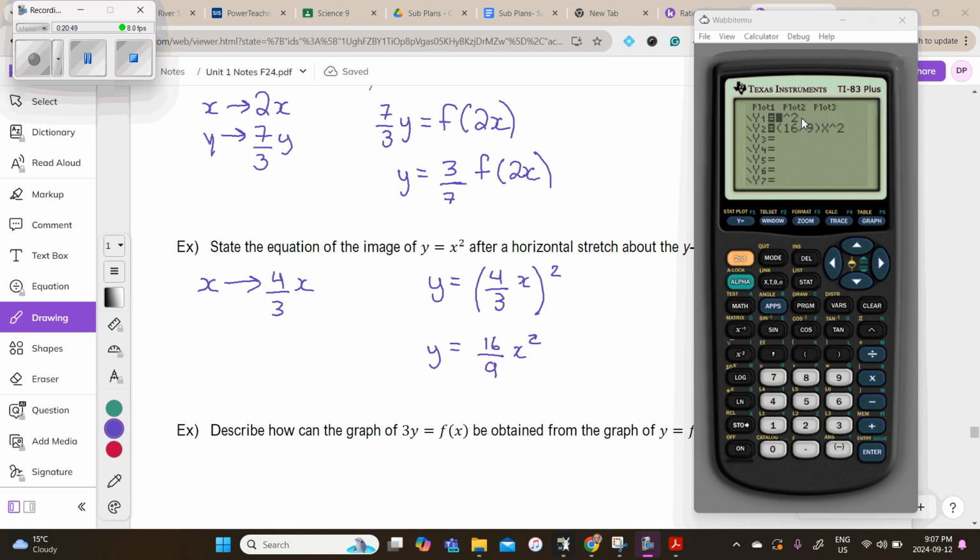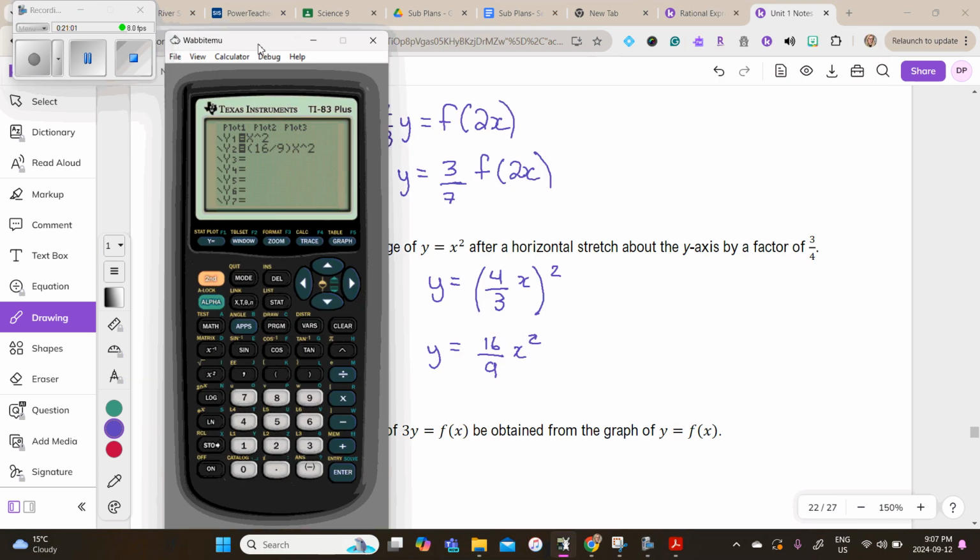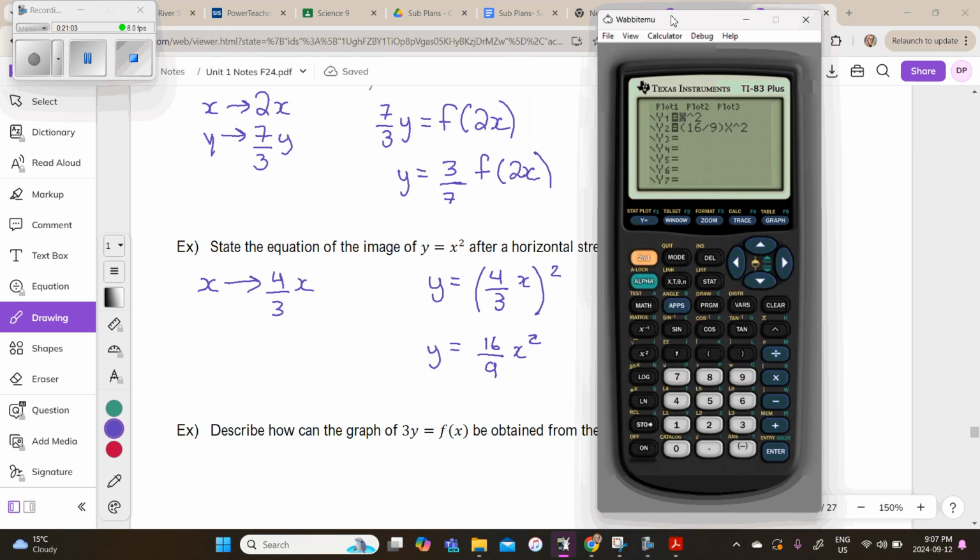Okay, I'm going to graph it now. I have typed x squared into y1, and I typed my new equation into y2. Now I will check to make sure that it actually is indeed a horizontal stretch by a factor of 3 over 4. So I'm just going to zoom standard. So there's x squared, and there is my new function.